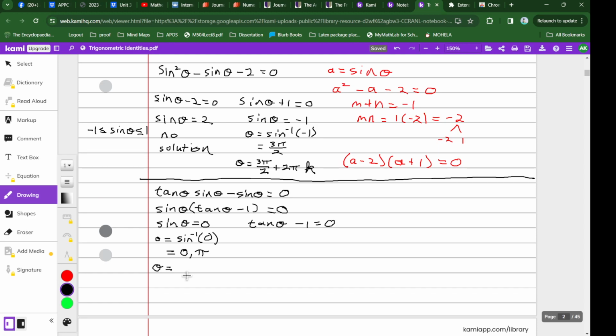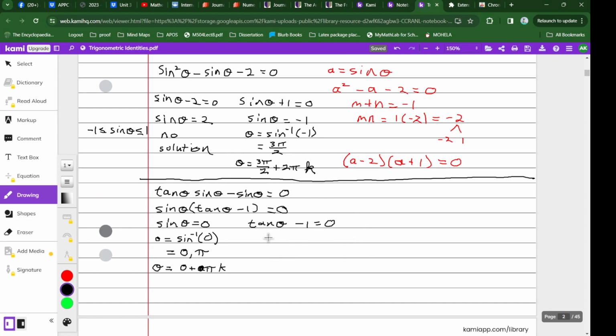We can either say that theta equals 0 plus 2 pi k, and theta equals pi plus 2 pi k. Or we could just say that theta equals 0 plus pi k, because that's going to include both of those.